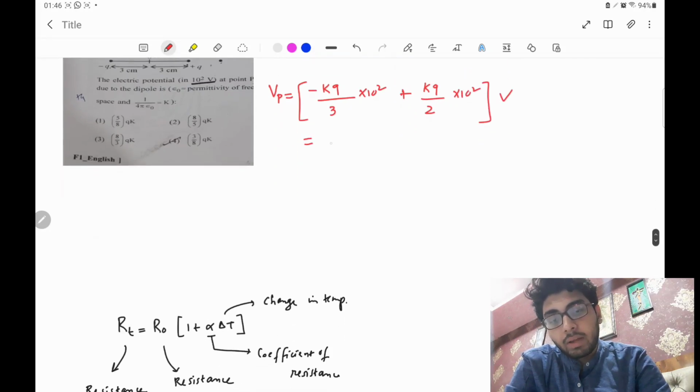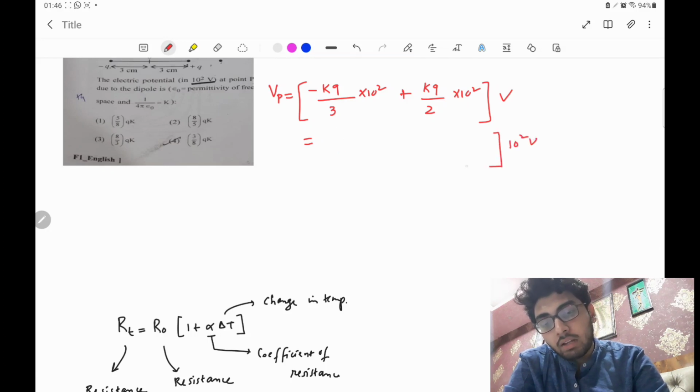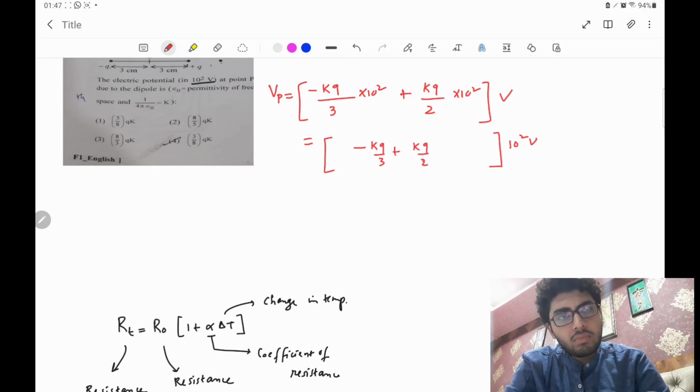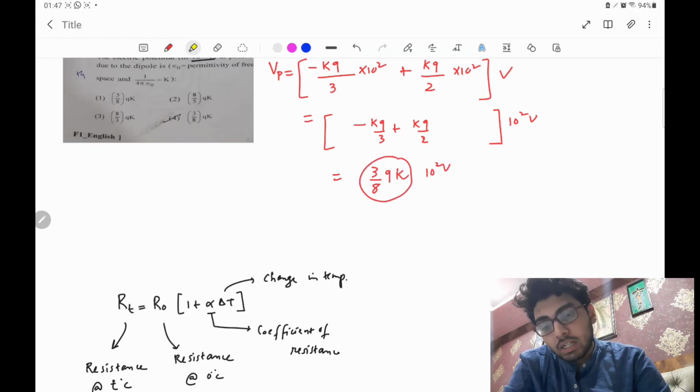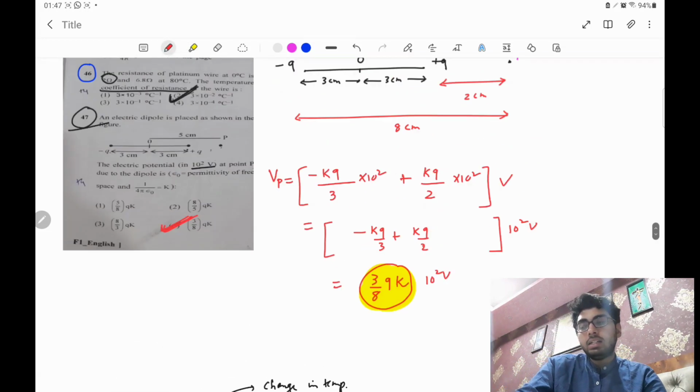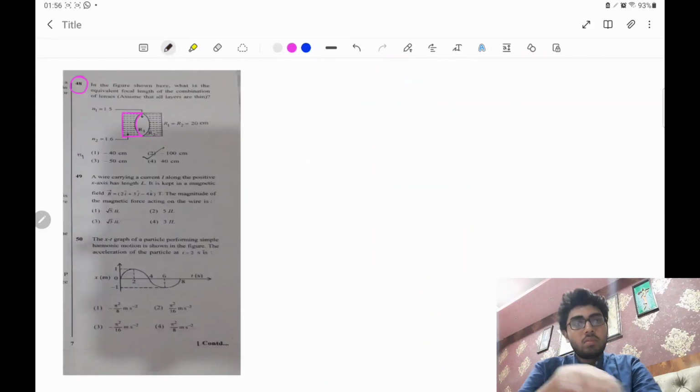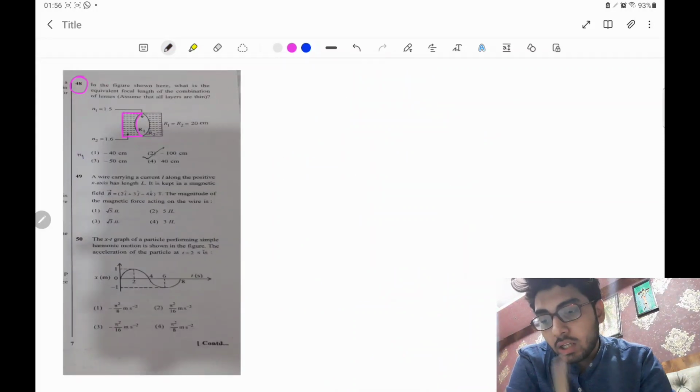So just take 10 square volt common, and you have to give the answer simply as minus KQ by 8 plus KQ by 2. Okay, clear? And it is coming out to be how much then? Then it is coming out to be 3 by 8 KQ into 10 square volt. So your answer is clearly which one? So your answer is coming out to be 3 by 8 KQ. Okay, so come to the next question.